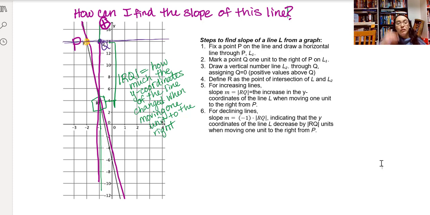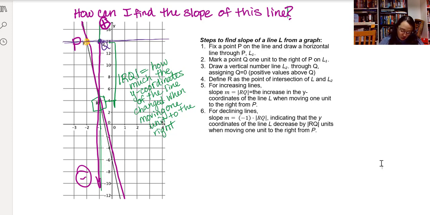So if we don't think of the length of RQ as being what we want, but we think of the length of RQ as helping us indicate a coordinate on this number line from Q to R, and when it's below the line that Q sits on, we consider that a negative coordinate, and when it's above the line Q sits on, it's a positive coordinate, then we can see that this value should be a negative value for that reason, and that it can represent the fact that we're moving down on our line as we move to the right.